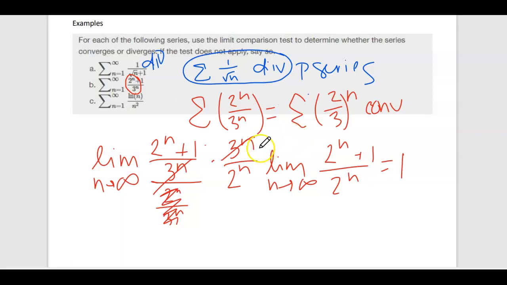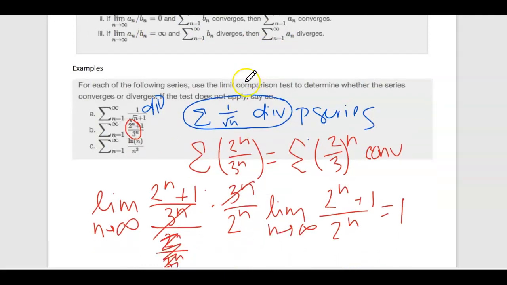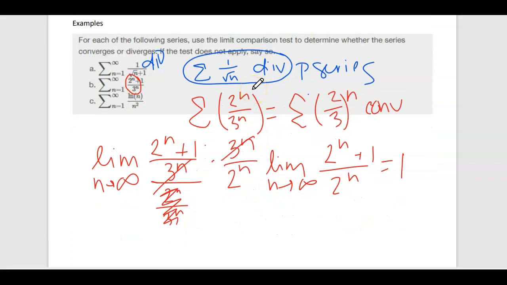And so by our definition up here, that's a limit that's not 0, so they either both converge or both diverge. So since this is not 0, this must also be convergent.